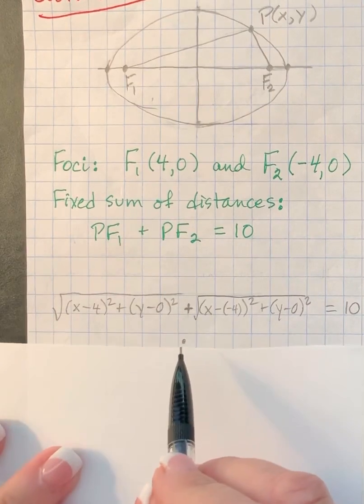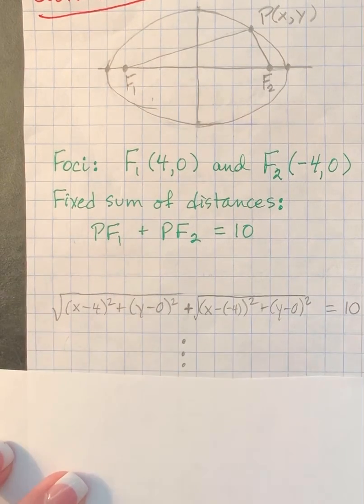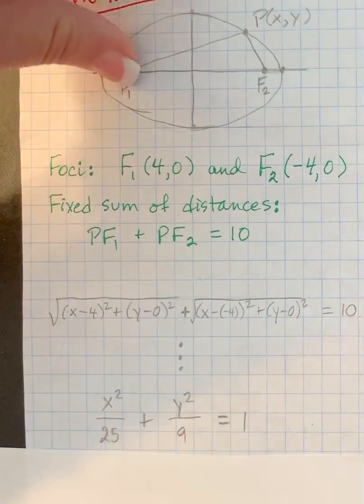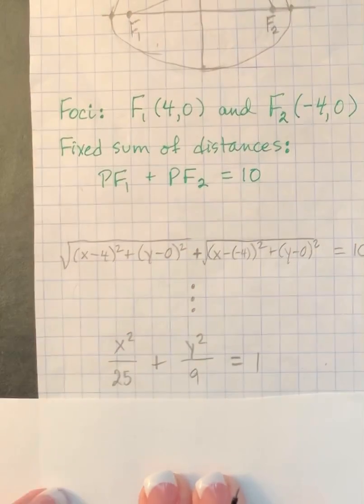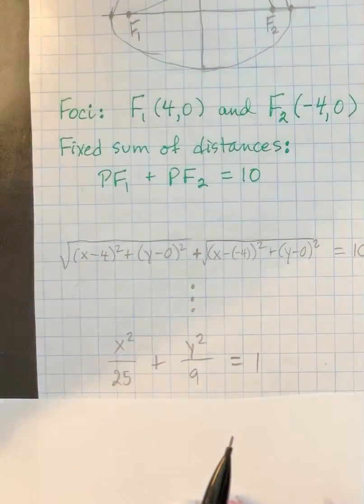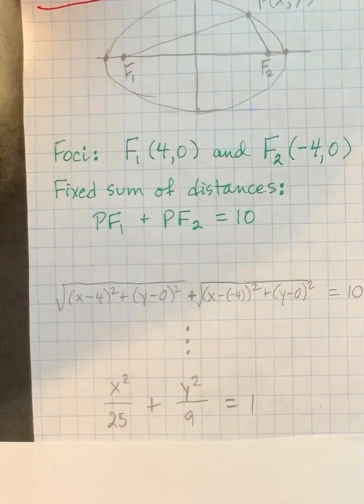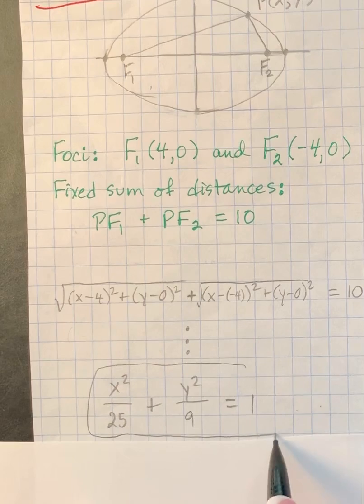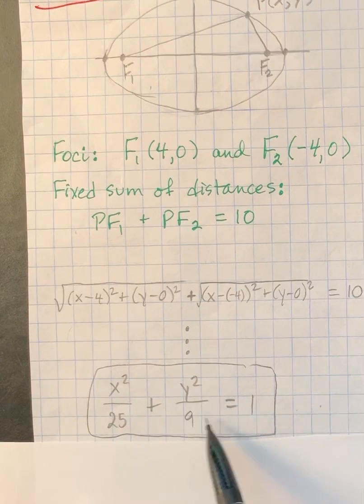And if you just manipulate this around, do a lot of squaring and rearranging, you can get it to this form right here. This is the standard equation form for the ellipse that we see above: x squared divided by 25 plus y squared divided by 9 equals 1.